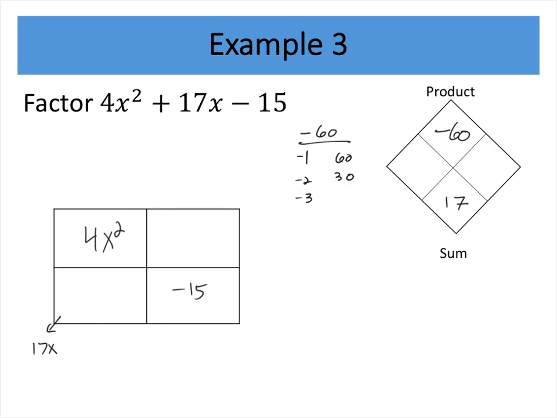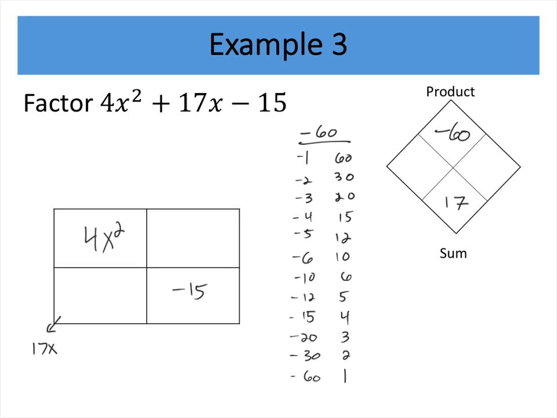Negative 3 and 20, negative 4 and 15, negative 5 and 12, negative 6 and 10, negative 10 and 6, negative 12 and 5, we've got negative 15 and 4, and we've got negative 20 and 3, and negative 30 and 2, and negative 60 and 1.